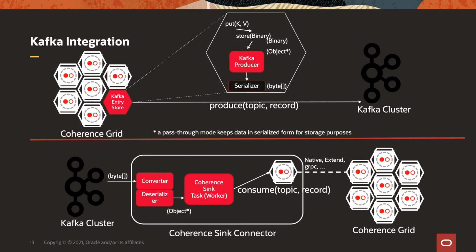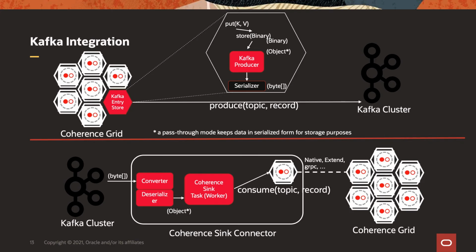Just a quick summary on the Kafka integration. Coherence can act as a Kafka source or a Kafka sink. In the source scenario, this is the upper half of the diagram. If you put a key value pair into Coherence, we will call a Kafka entry store, which will produce a record into a Kafka cluster.